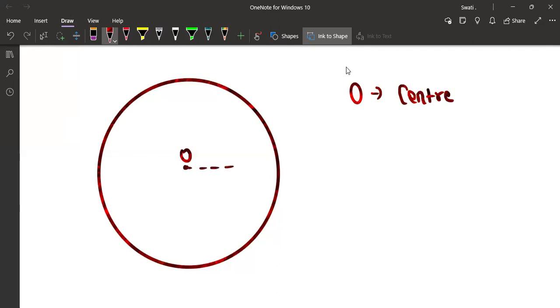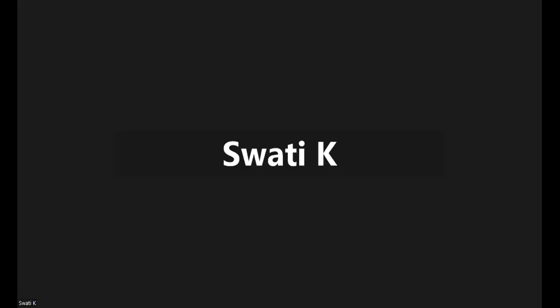Okay, next. What is this called? You can write in the chat box. What is OA called? Radius of the circle. Perfect. So OA is called the radius. What is the plural of radius? Can you write down in the chat box?